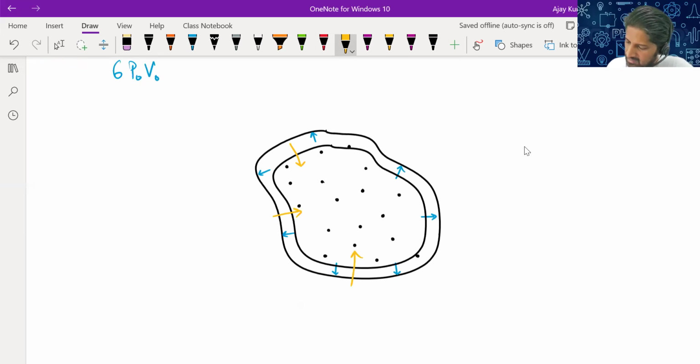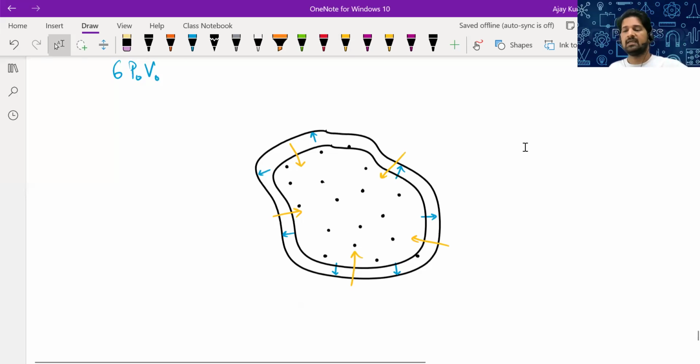Force will keep acting outwards. As long as gas molecules are moving randomly, they can only push the boundary outwards. But something is happening that the boundary is coming inwards, moving inwards. So force is outwards, displacement of the boundary is inwards. Therefore, work done will be negative. Whenever the volume of a gas decreases, work done by the gas will have to be negative.